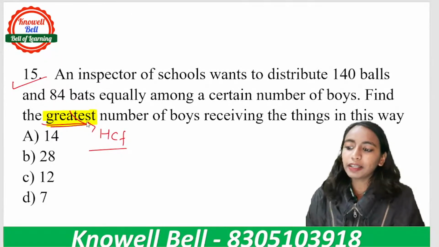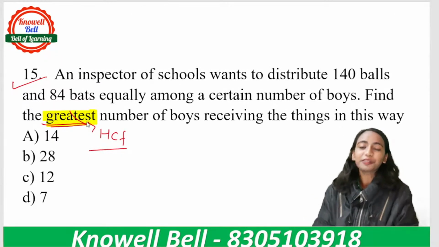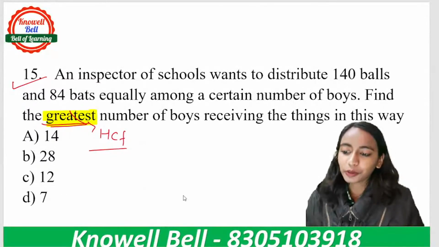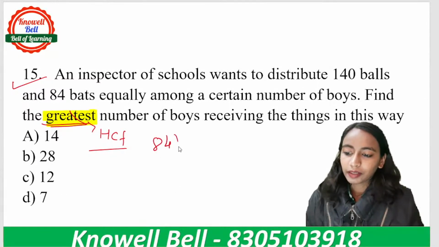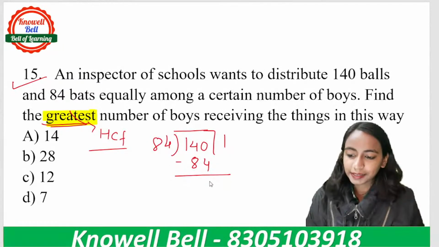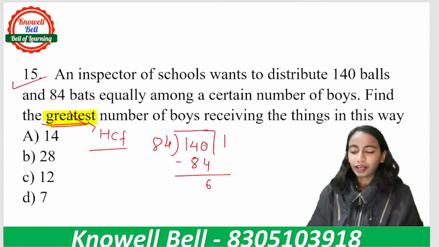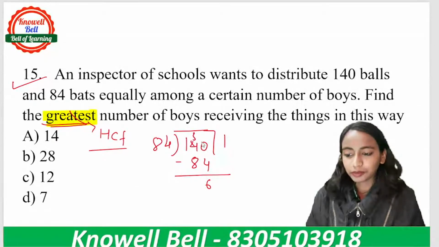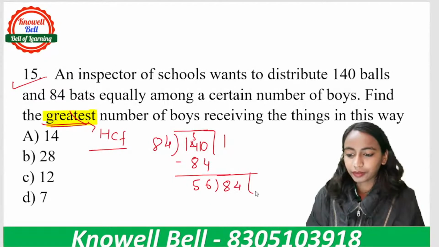Look, we have to find the greatest, the word is used, no? So we have to find HCF. What is going to be the HCF of 84 and 140? 140 minus 84 would be 56. After this, here it will become 3. So 140, 56, 84, 1.